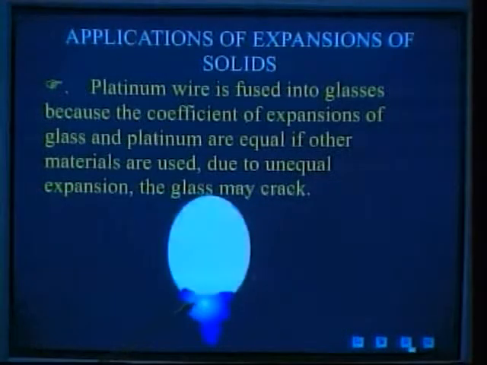Here a platinum wire is fused into this glass tube. These two have the same coefficient of linear expansion. When the bulb is switched on, because of the current supplied to it, the platinum expands. If it were not platinum, because of uneven expansion of the materials, the glass may break.